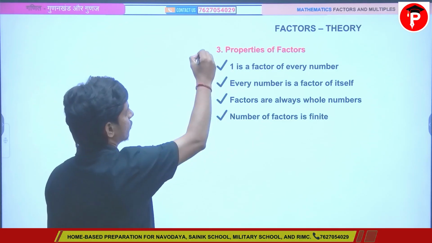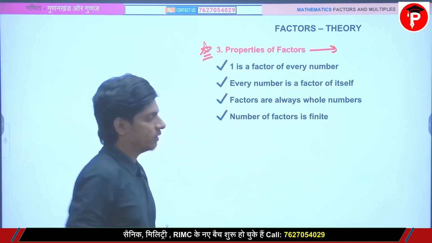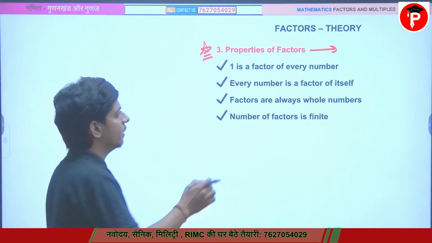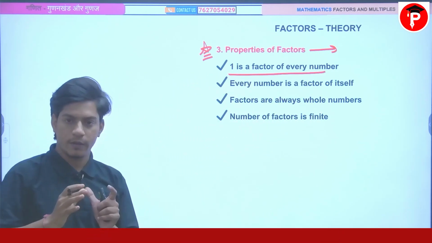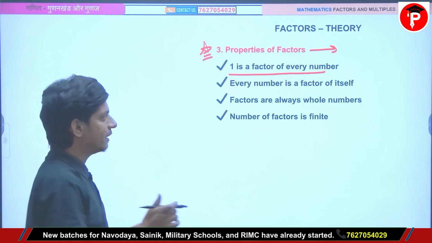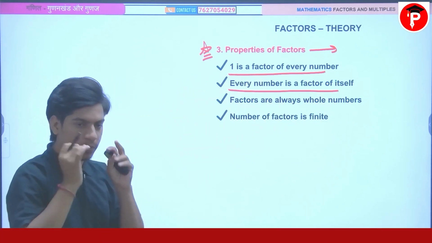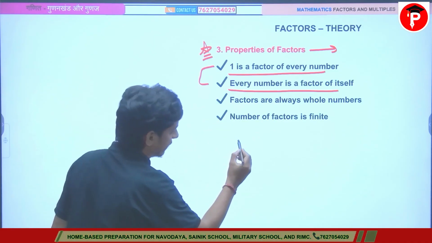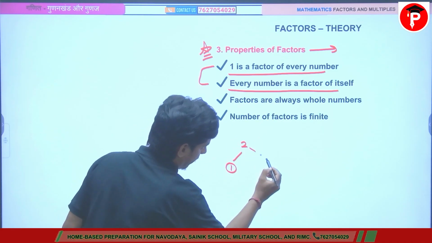Next, this is one of the most important. Direct questions in exams are put up from these lines. First, 1 is a factor of every number. Next, every number is a factor of itself. From these two statements, look at the example 2. 2 has factors 1, 2.